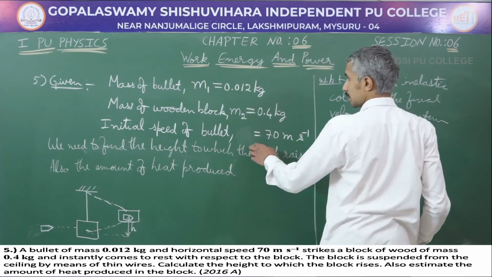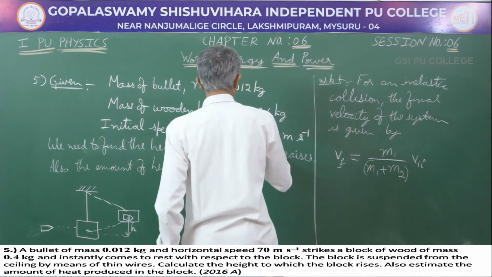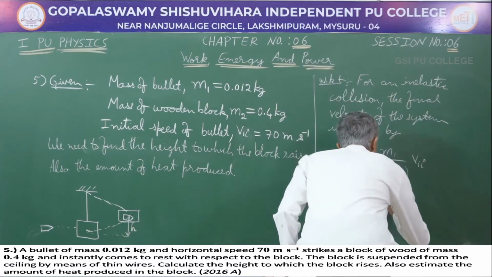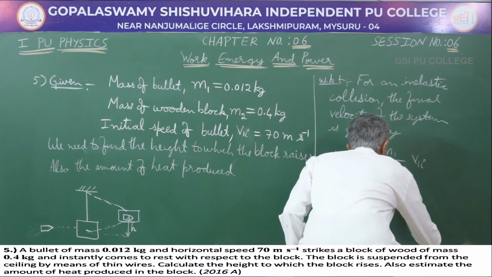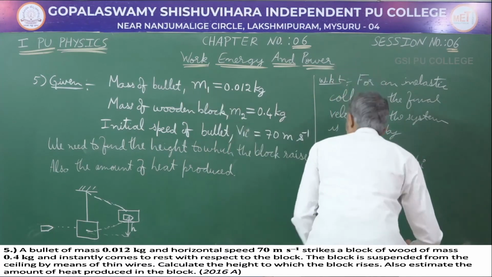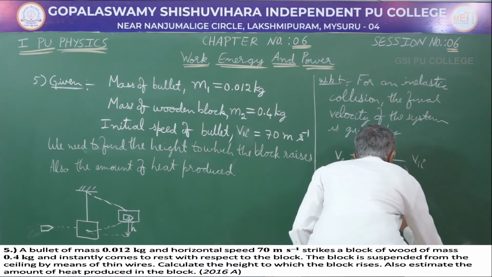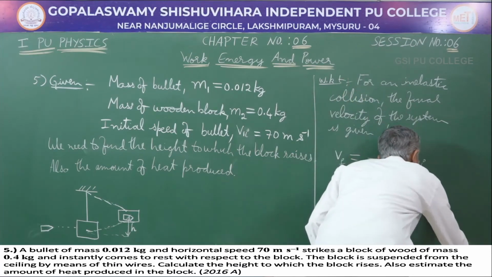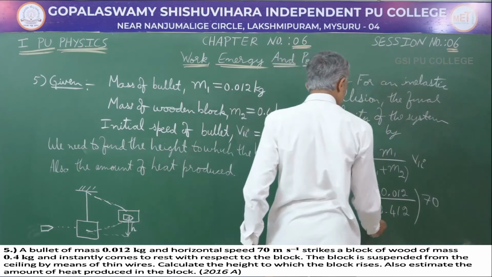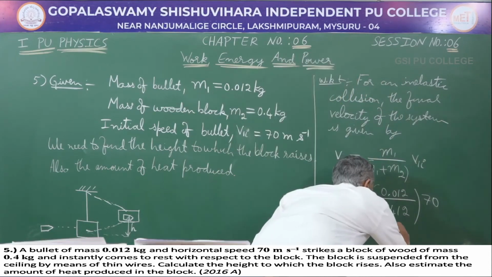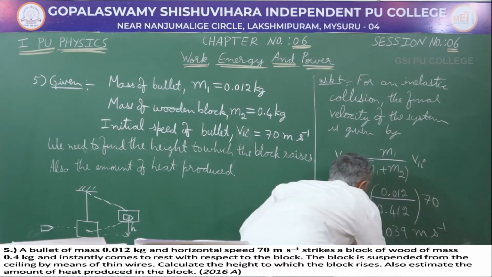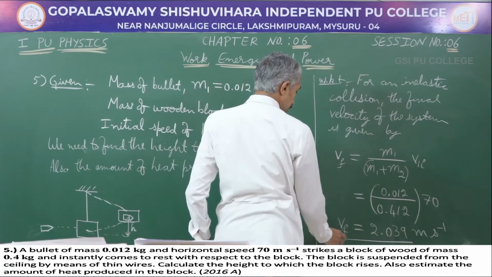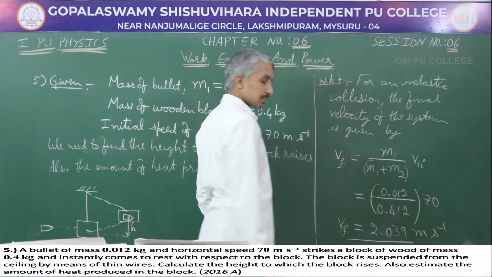Here let me take the initial speed of the bullet as V1i. On simplification, m1 is 0.012, divided by m1 plus m2, I will get this as 0.412, into the initial velocity which is 70. Let us simplify this. On simplification I will get the answer as 2.039 meter per second. So the final velocity of the bullet and block system is 2.039 meter per second.